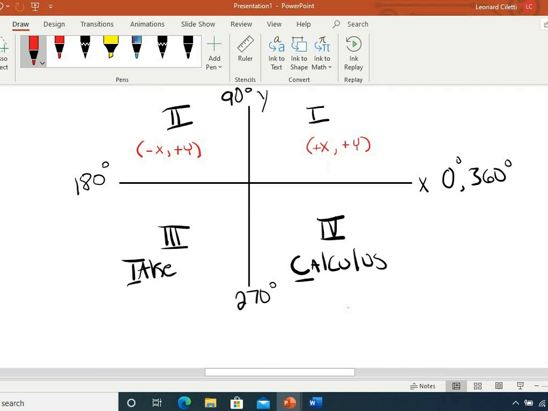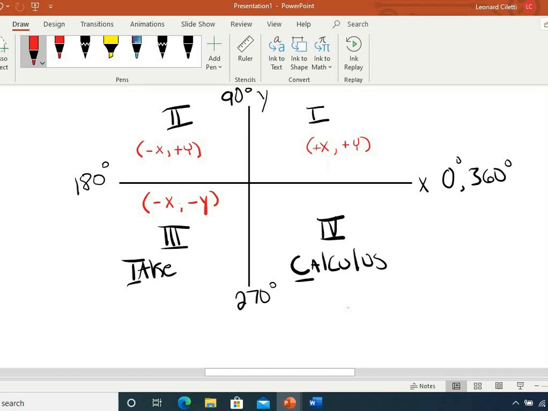If we look in the third quadrant now, what do we have going on? We have negative x's and negative y's in here as well. Well, if x is negative, that means cosine is negative.